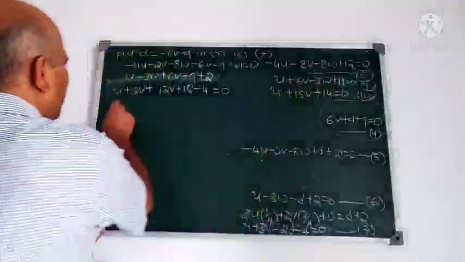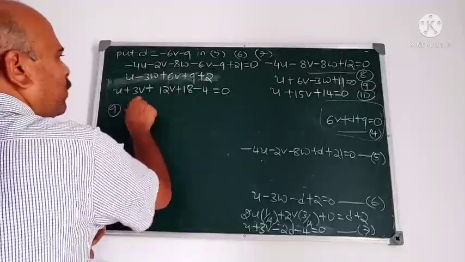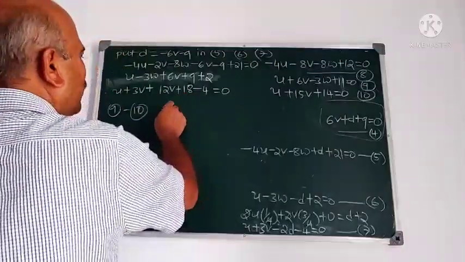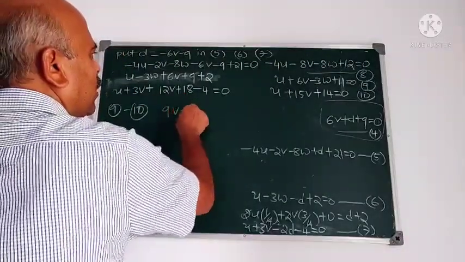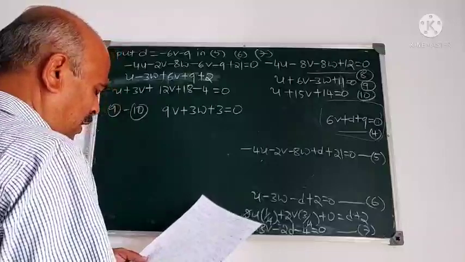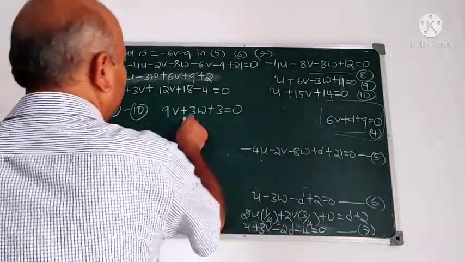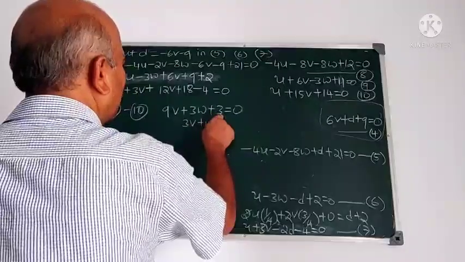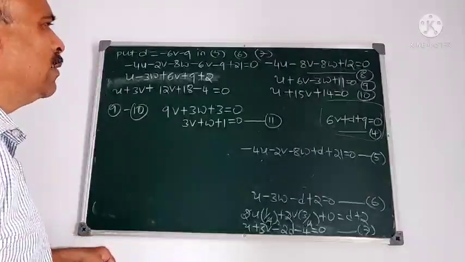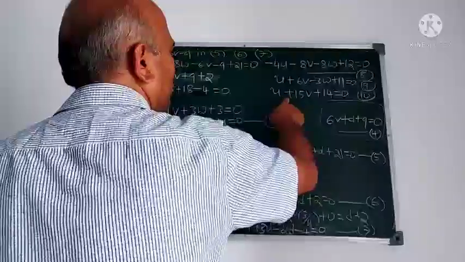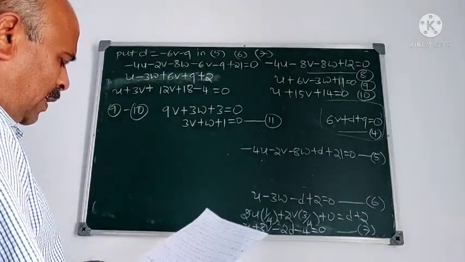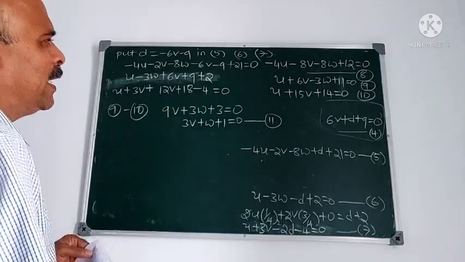For that, take 10 minus 9. 10 minus 9 gives 15 minus 6, 9v, minus 3w plus 3 is equal to 0, or 3v plus w plus 1 is equal to 0. This is 11. Then from these we eliminate u from 8 and 10, or 8 and 9.